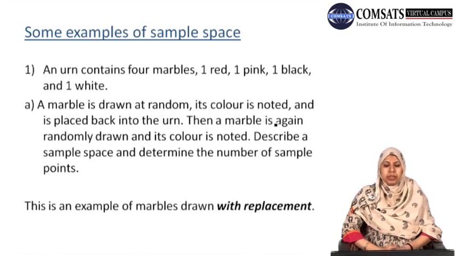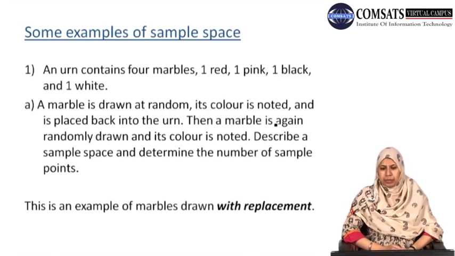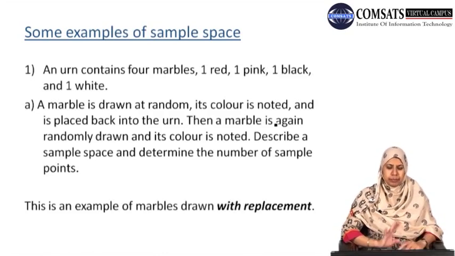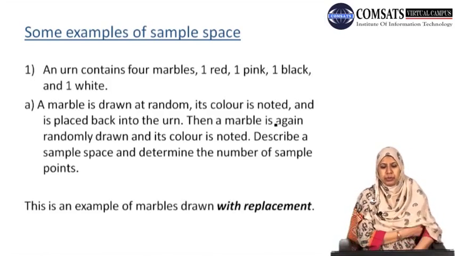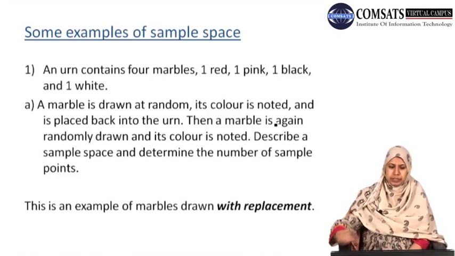Now we consider some more examples of our sample space. Suppose an urn contains 4 marbles of 4 different colors, that is, 1 marble of red color, 1 marble of pink color, 1 marble of black color, and 1 marble of white color. By looking at these examples, we will come to know the number, or the size, of the sample space.